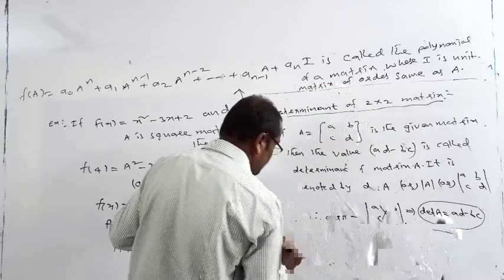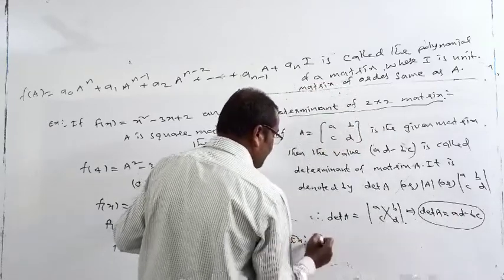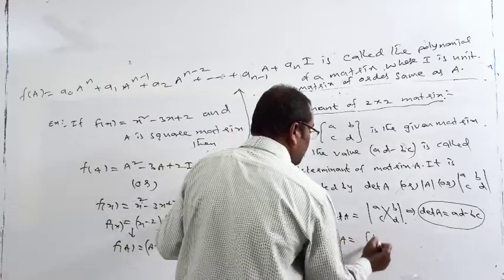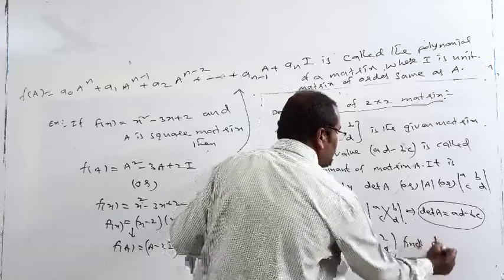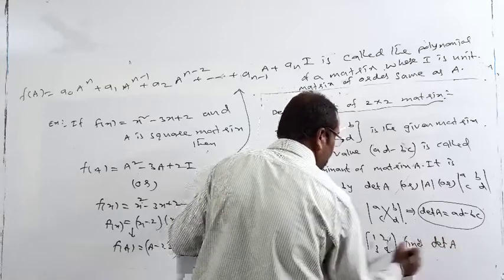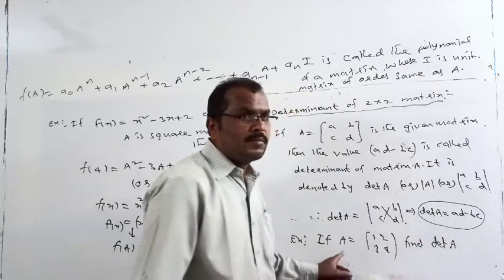Example. If A is equal to 1, 2, 3, 4, find det A. So write one example.